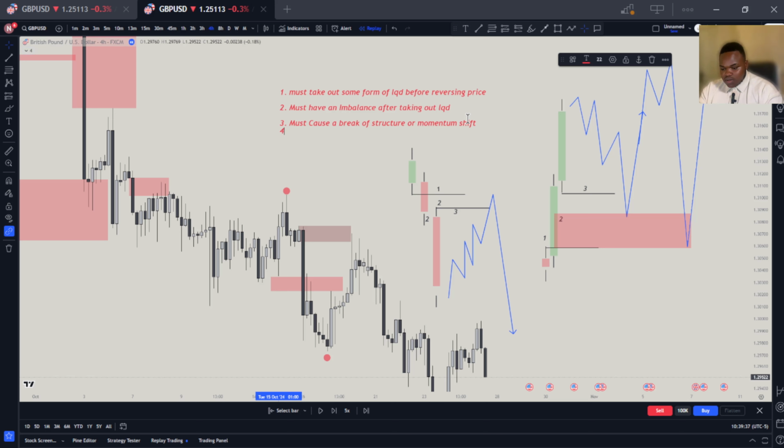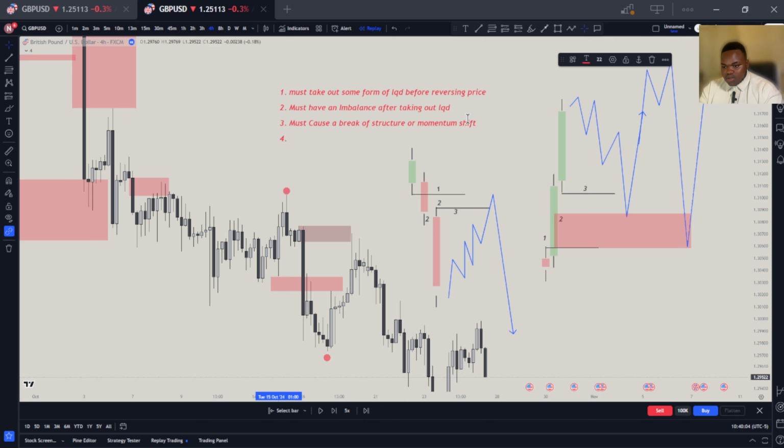And last but not least, the fourth most important thing, which validates another block: prior to another block being mitigated, there must be some form of liquidity lying before the other block. That also validates another block.